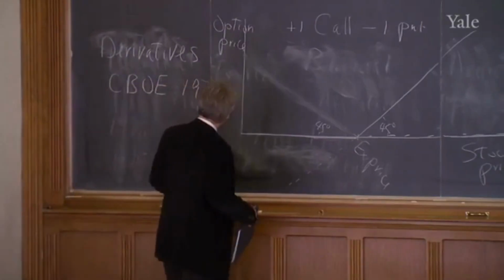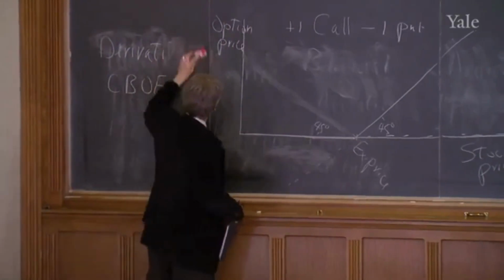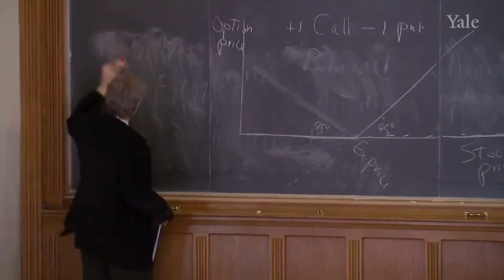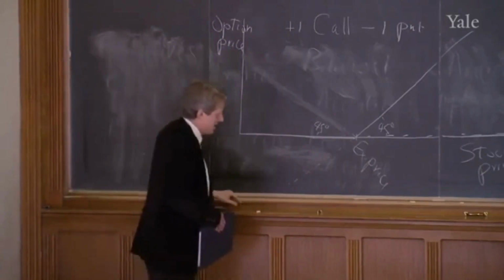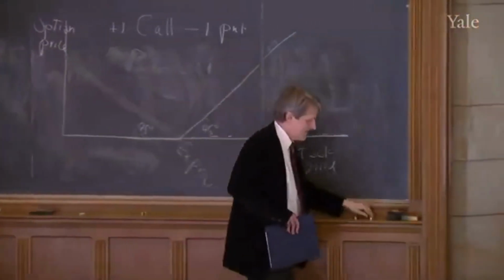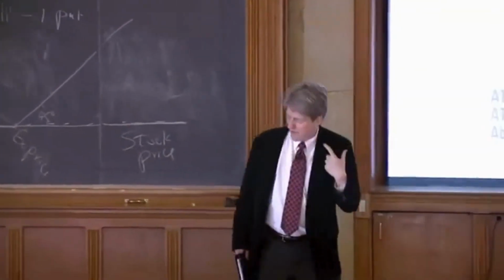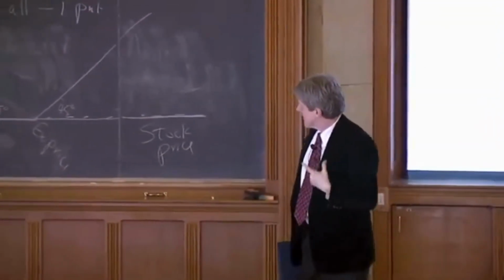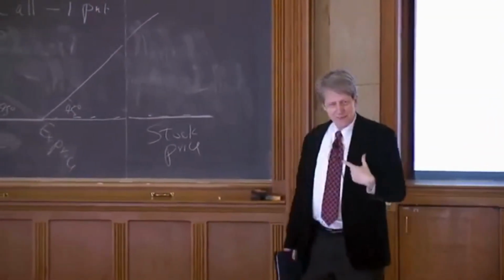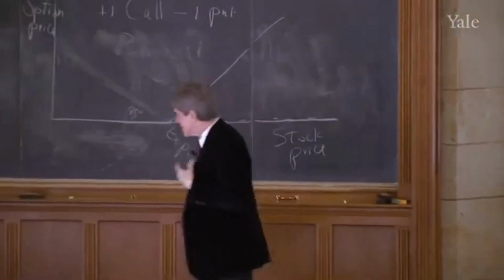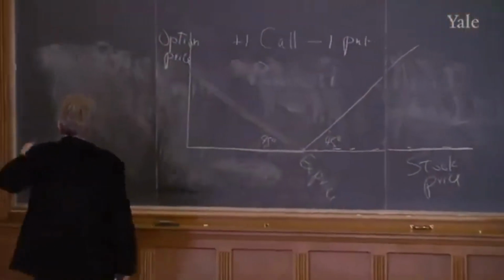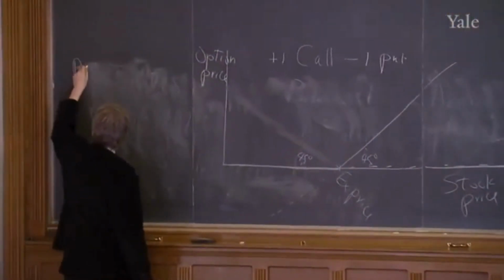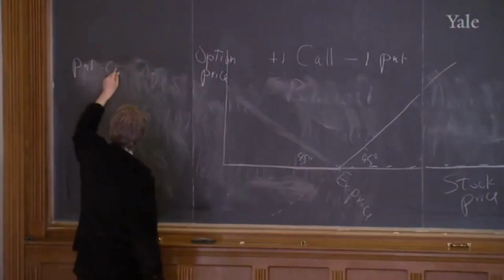This leads us to the put-call parity equation. Well, if a call minus a put is the same thing as the stock minus the exercise price, then the prices should add up too, right? So, put-call parity.